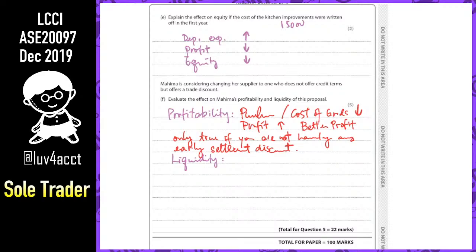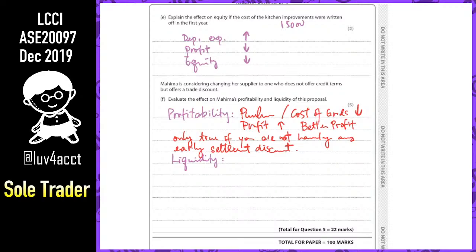Originally you have that, but now you shift to another supplier with no credit terms, but then enjoy a trade discount. At the same time you will lose that discount received. But usually a trade discount would be better than a cash discount, because for a cash discount received, it is possible that you will lose this discount, and also usually the rate is lower. So we can confidently conclude that the profitability will be better because of the trade discount.